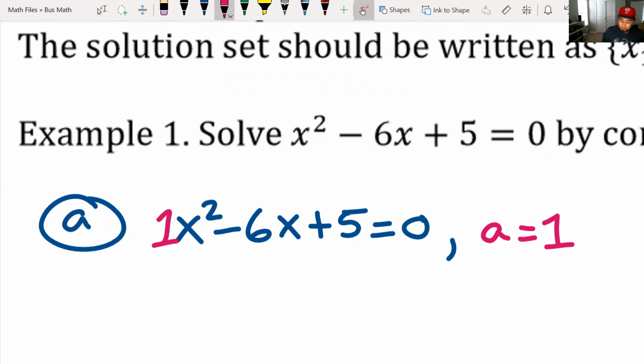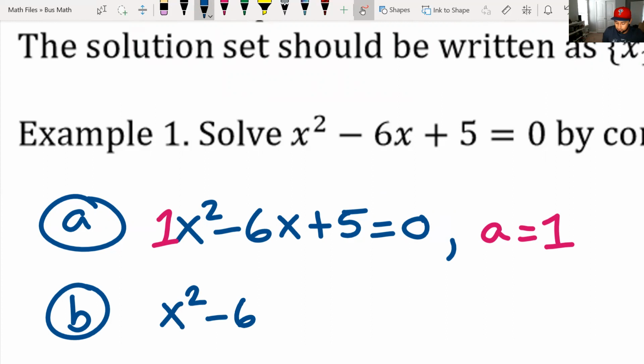Which means we can move on to step B, which means keep all your x values on the left side, move everything else to the right side. So step B, we're going to have x squared minus 6x equal to negative 5.